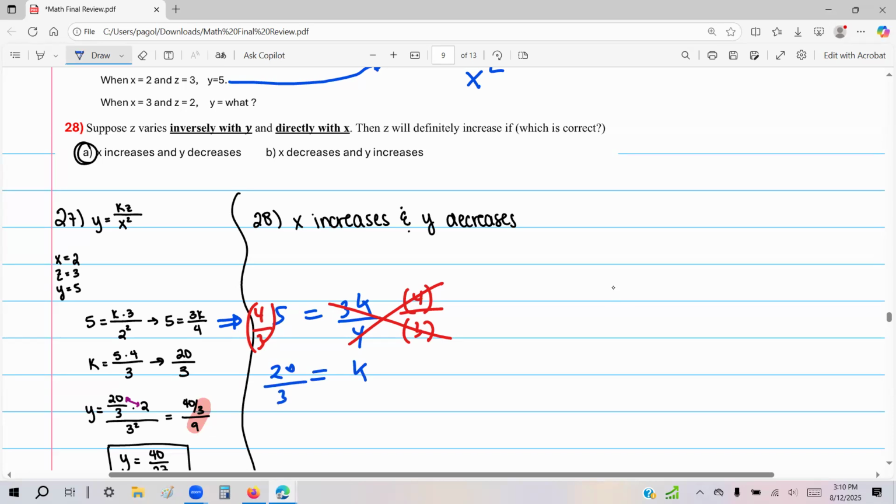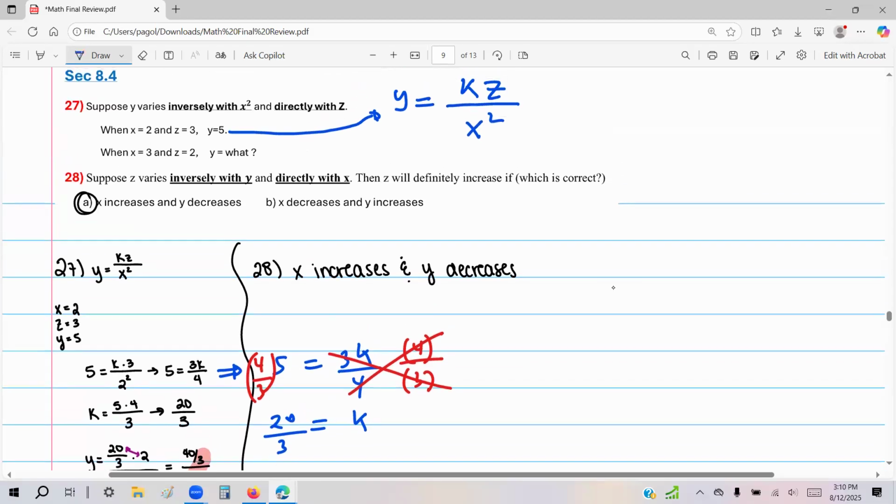And when your rate is a fraction, write down your equation as a fraction. So you have y equals, k is the 20 over 3, this is your k, and you have z on top, x squared on the bottom.